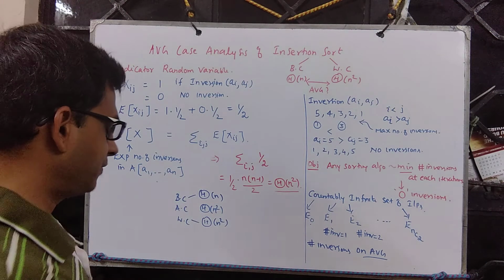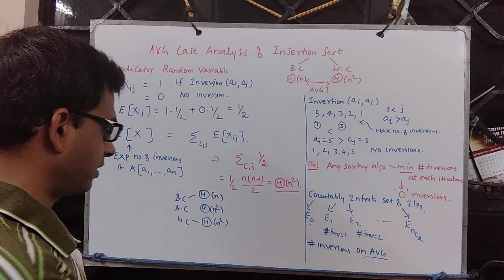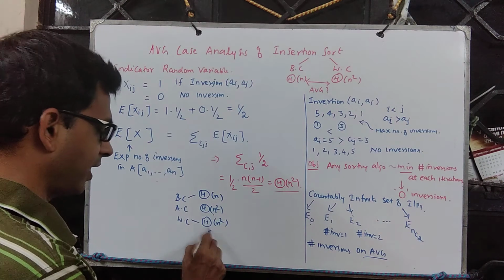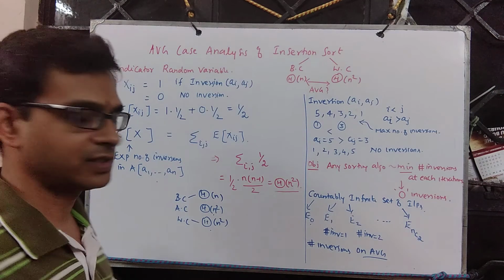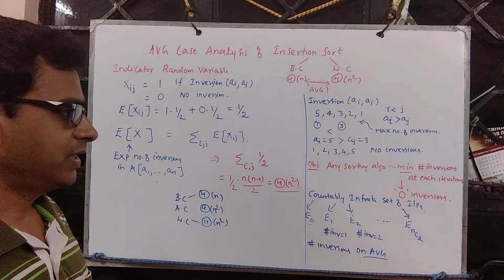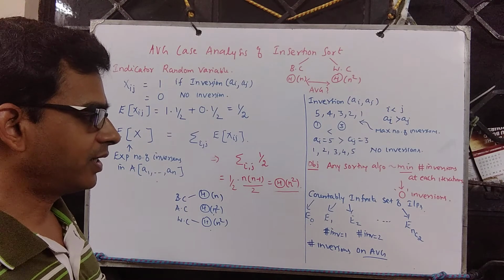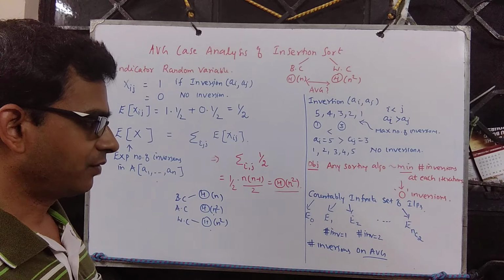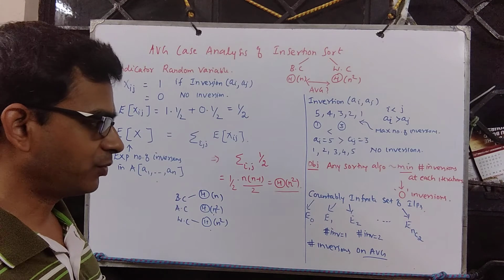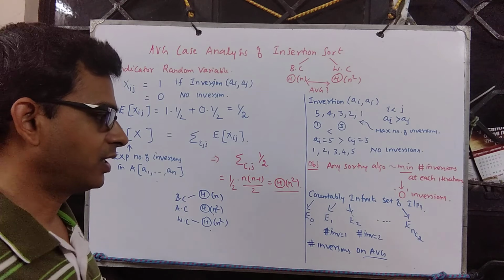So on an average, we have to incur this many comparisons before we say the sequence is sorted. Fine, so we will take this model and experiment with one more case study, which is quicksort.